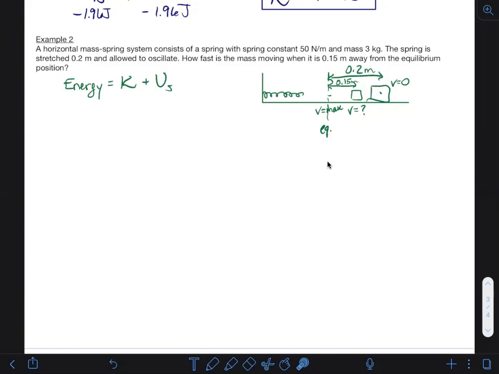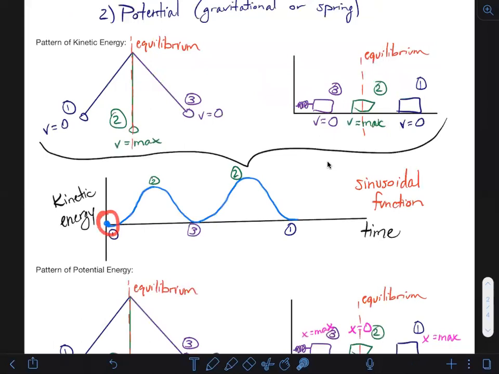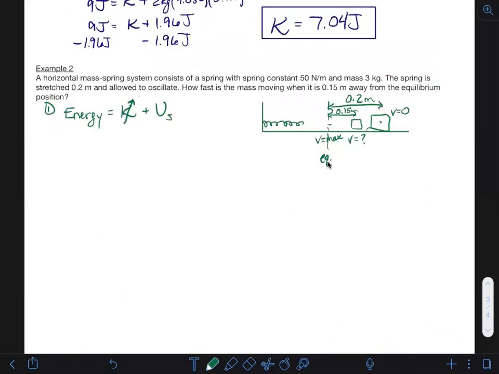Because at that position, we are not moving, thus our kinetic energy is zero. So this is going to be my step one. I am first going to look at my extreme where my kinetic energy is zero. And I am going to use the spring energy equation, 1/2 kx squared, to try to figure out what is that total energy in my system.